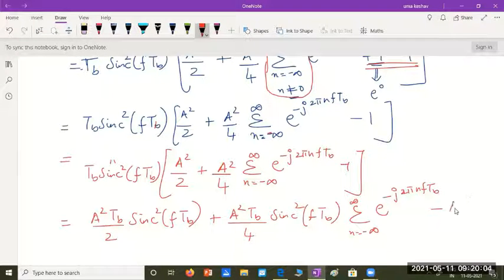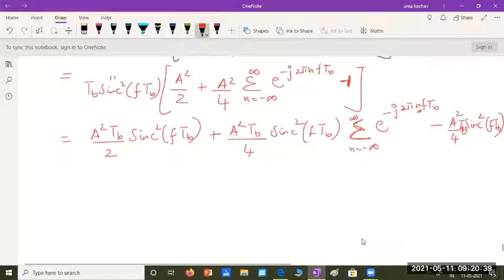Minus a square. This minus 1 I am multiplying with a square by 4 and this. So what will I get? Minus a square by 4 tb sinc square ftb. See, this term does not have any n. So I need not keep it inside the summation. This summation is applicable only where there is an n. So this term which does not have any n can be brought out of the summation.